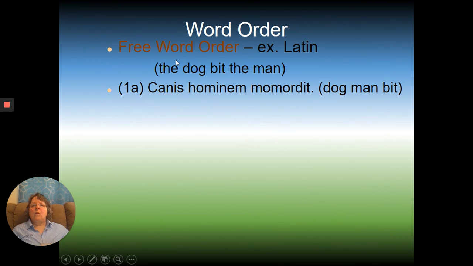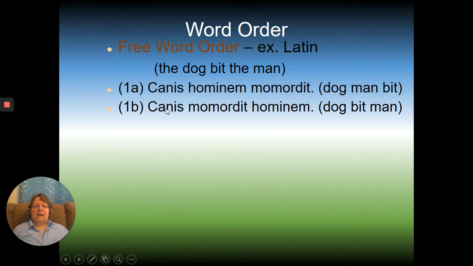Then we have free word order, for example Latin or Greek. Take the sentence, the dog bit the man. This is the English word order. In a free word order language, each word carries something that determines what part of speech it is. So here's dog, man, bit, but it still means the dog bit the man.